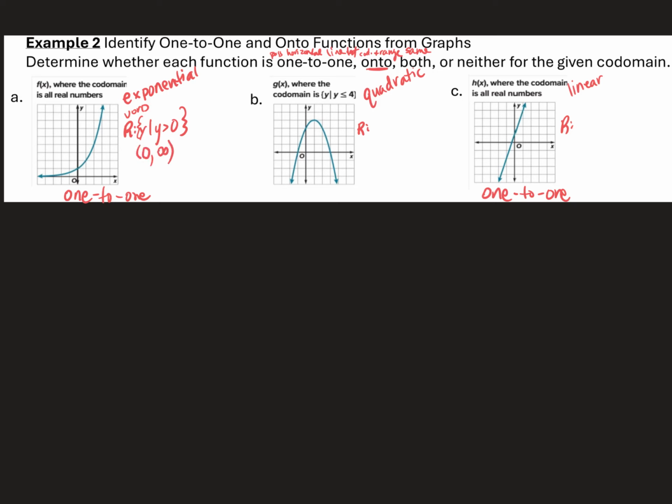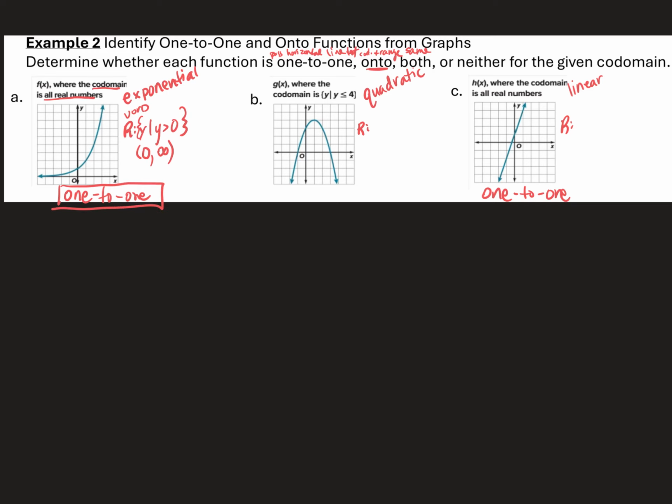The reason there's a parenthesis at 0 is because an exponential function such as this approaches the x-axis, but it will not touch or cross it. Although I would agree with you, it looks like it's going to cross there, but it does not. So the range is from 0 to infinity. The codomain is all real numbers. Are those two things the same? No, so this function is only one-to-one.